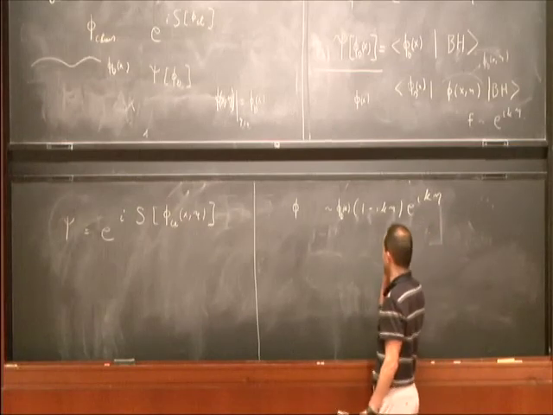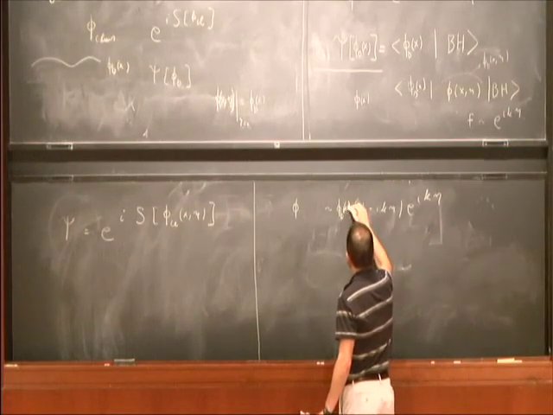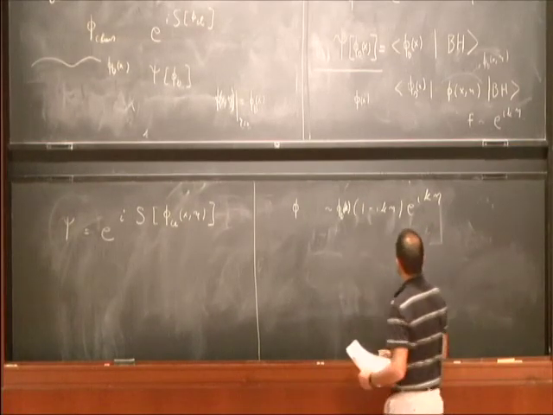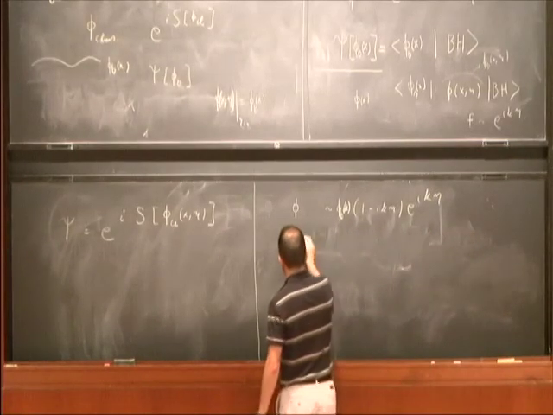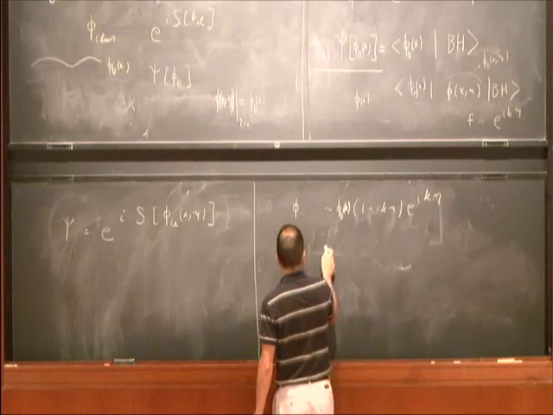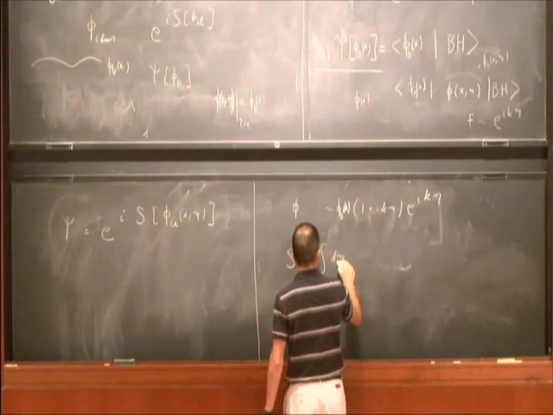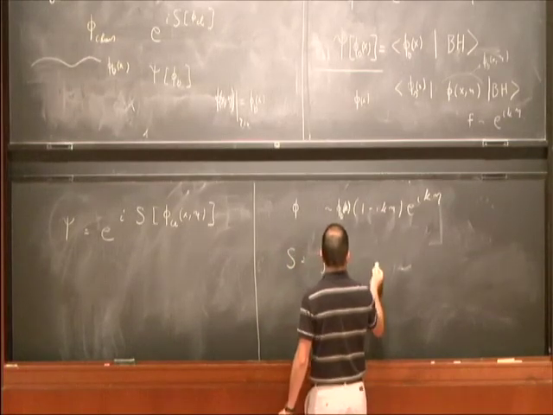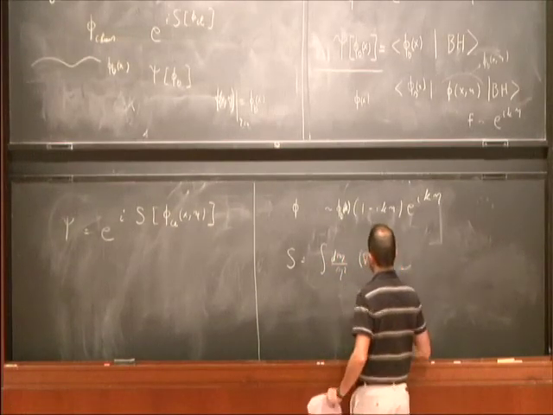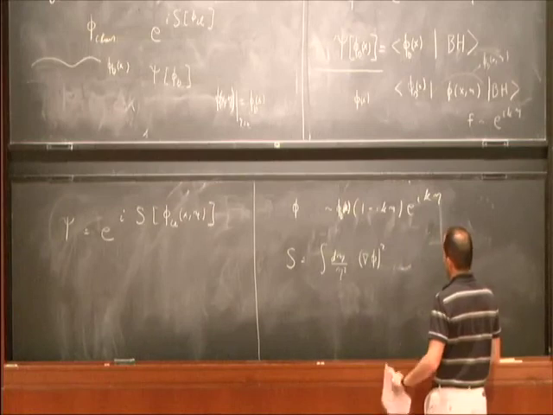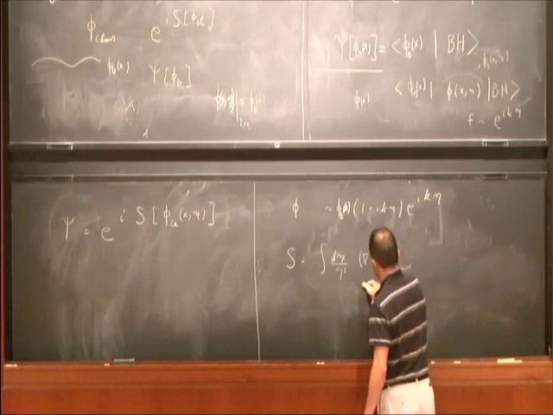So that's what we would like to evaluate, and so we can take this and insert it in the classical action. Now here there is some little trick which involves integrating this by parts.